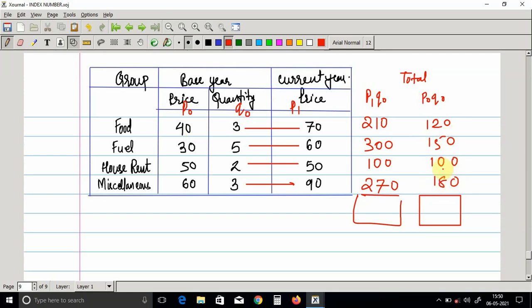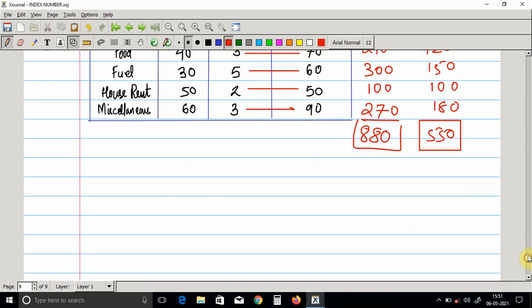So I'm adding it, 210 plus 300 plus 100 plus 270, 880. Then for the base year, 120 plus 150 plus 100 plus 180, 550. So these are the two bills, the total amount that I need to pay in 2 different years. One is current and one is base.